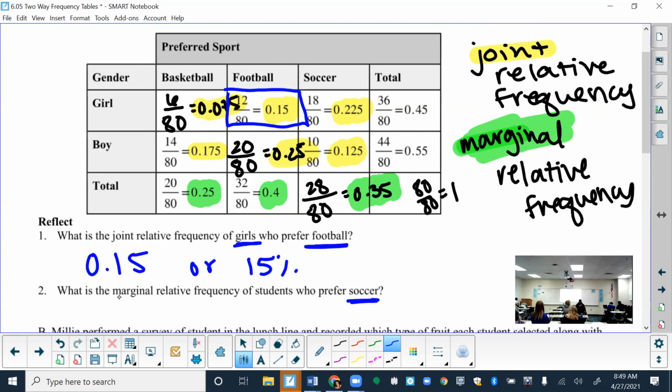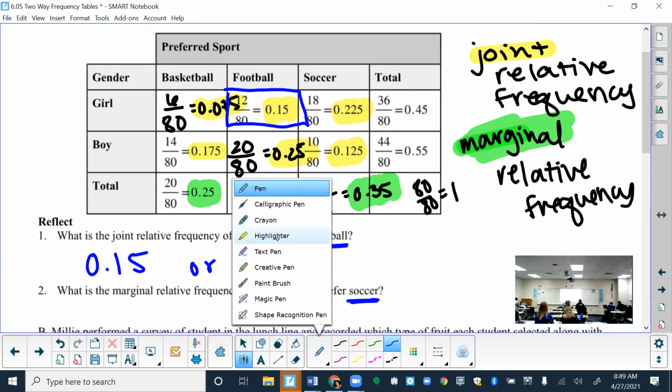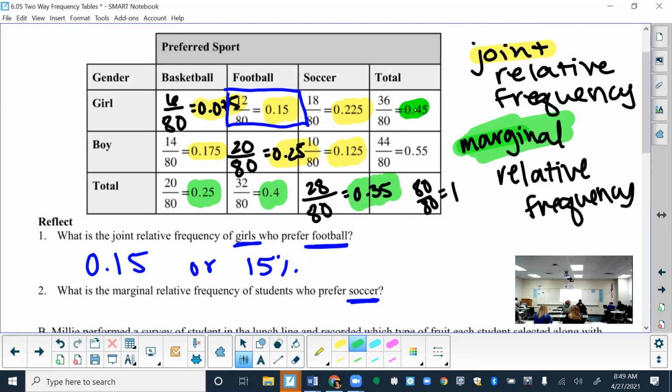And then the marginal relative frequency, so just one category, I should be looking in the margins. I also forgot to highlight these ones green as well. Which number tells me the number of students who prefer soccer? Good. So 0.35 or 35%. Questions, comments?